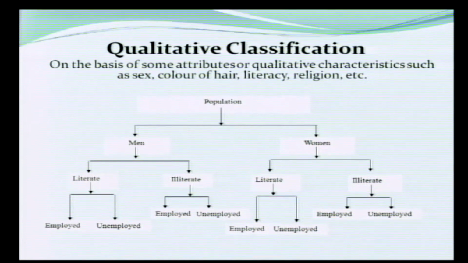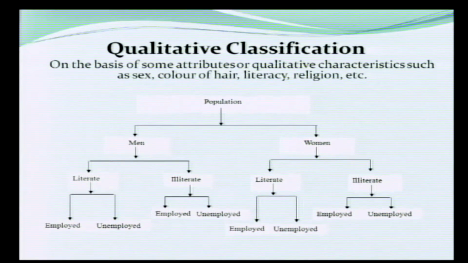Again we can classify this information on the basis of the next characteristic, that is employability, that is, a literate man is employed or unemployed, an illiterate man is employed or unemployed, like that.